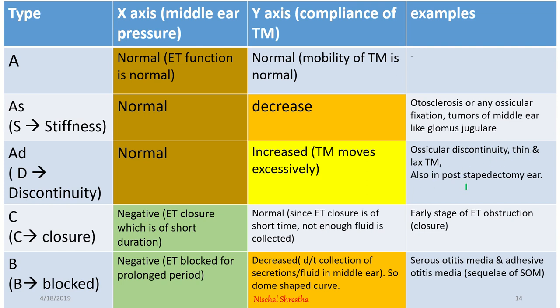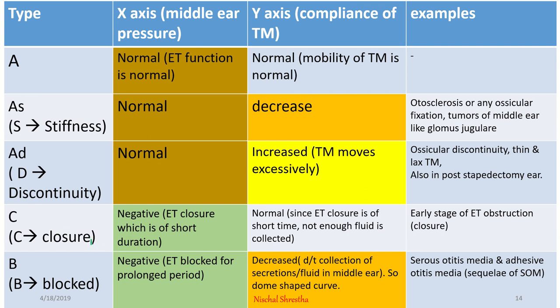Also in case of post-stapedectomy, where the stapes has been taken out, ossicular discontinuity occurs, and due to this, the tympanic membrane is more free, it moves more, means it has more compliance. So compliance increased, but the pressure is normal because the eustachian tube is normal.